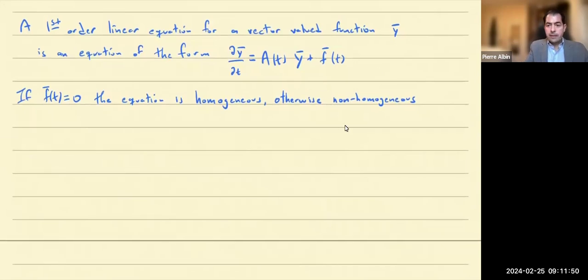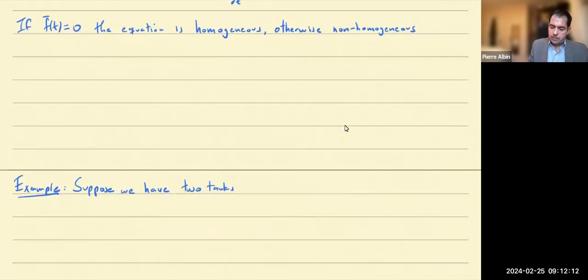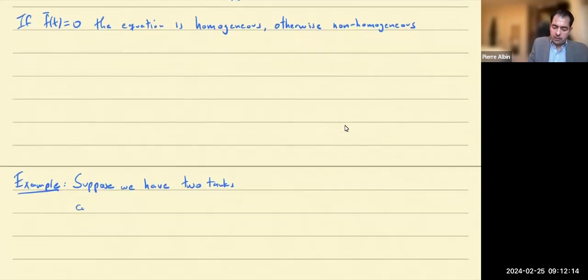Okay, let's see another example where we end up with a linear system of equations. Suppose we have two tanks containing pure water.